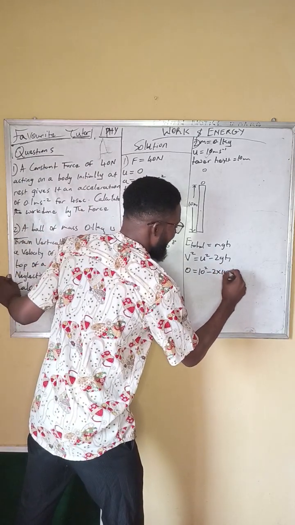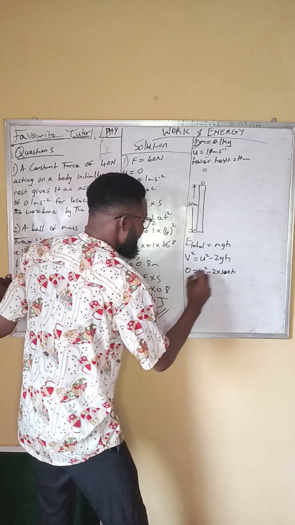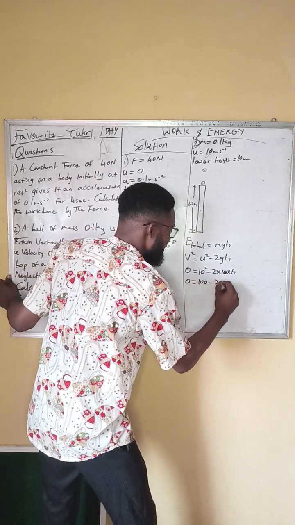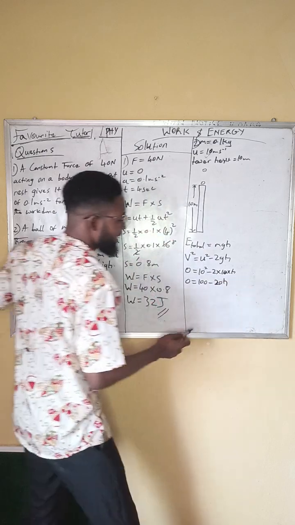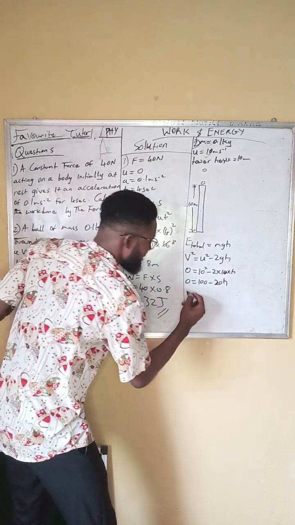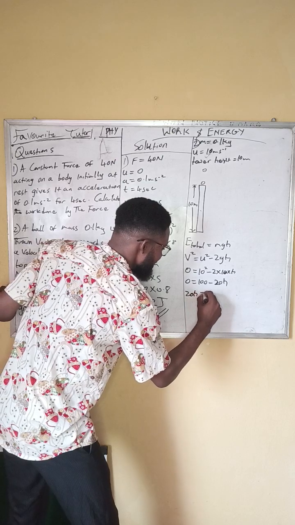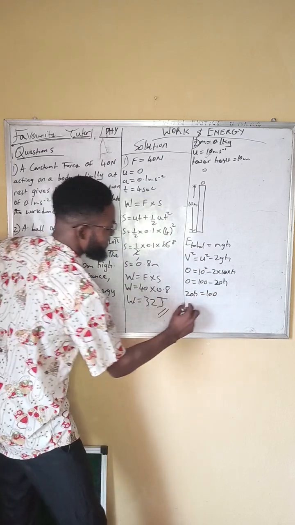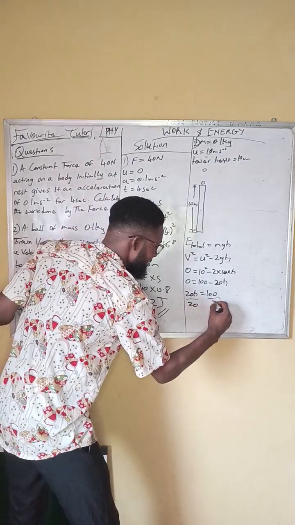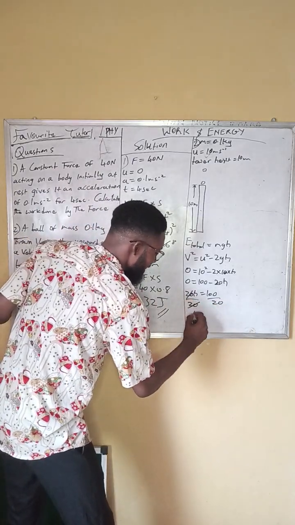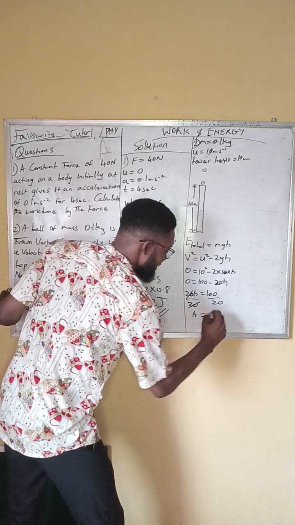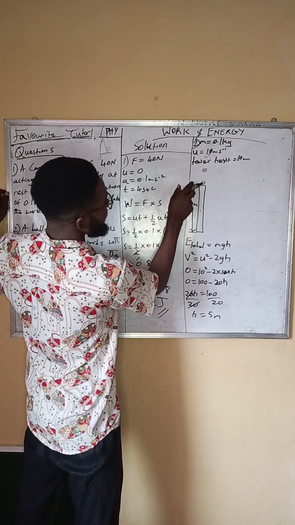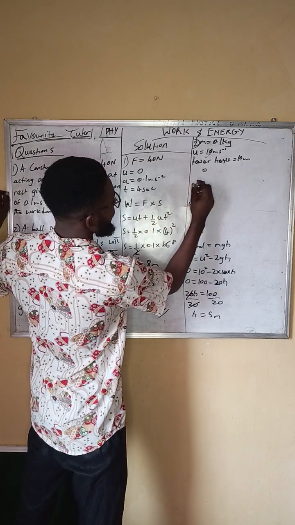So 0 equals 100 minus 20h. We take it to the other side: 20h equals 100. Dividing both sides by 20, h equals 5 meter.